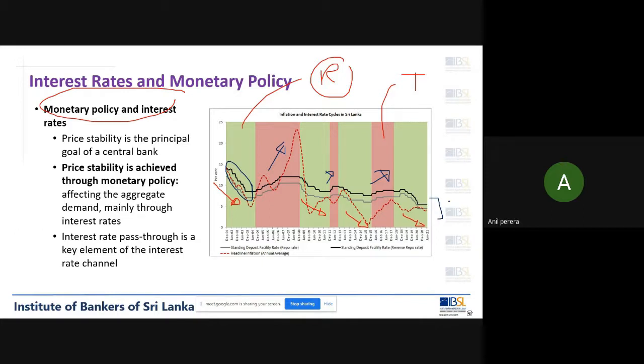If you look at this chart again, you will see there's a dotted line. What is this dotted line? That's the inflation. So when inflation goes down, interest rates go down. When inflation is going up, interest rates are going up. So the interest rate cycle in the economy is very closely tied to the inflation cycle of the economy. Inflation and interest rates are very closely related. Okay.